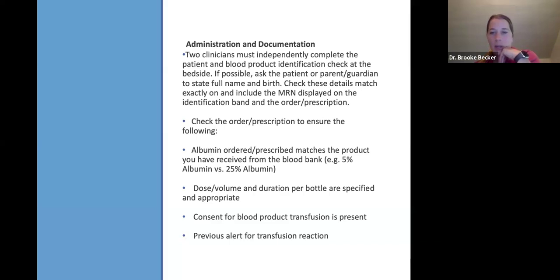Making sure that your product is matching what you've received with the order. And then obviously checking to see that consent is signed and that kids haven't had a previous transfusion reaction. And if they have, then you want to be on extra high alert.